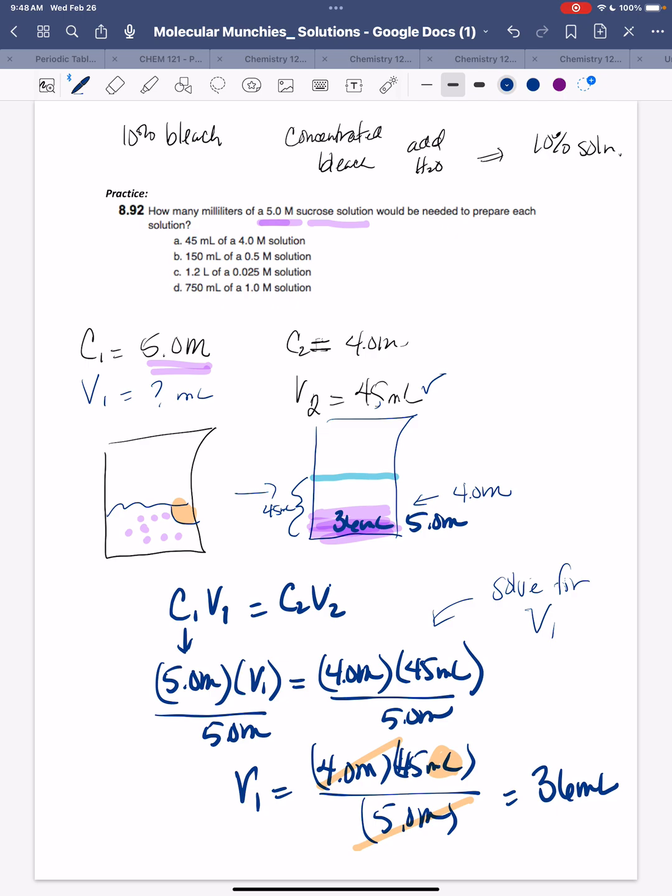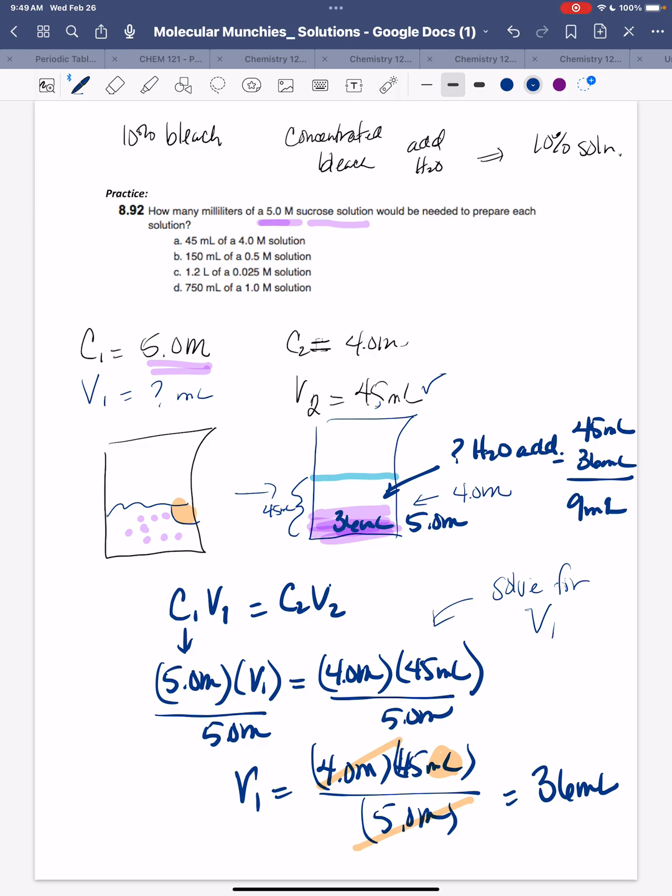It's interesting to think this through a little bit, and it's not asked in the question, but how much water do you have to add? Well, if I know I want 45 milliliters of it, and 36 milliliters of it is our concentrated solution, we just have to add 9 milliliters.